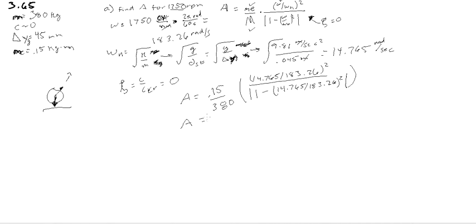So A is 3.973 times 10 to the negative 4th meters, which is correct. Meters is a good unit. These are ratios, so they have no units. This is kilogram meters over 380 kilograms, so the kilograms cancel out and the units become meters. This is your answer to part A.